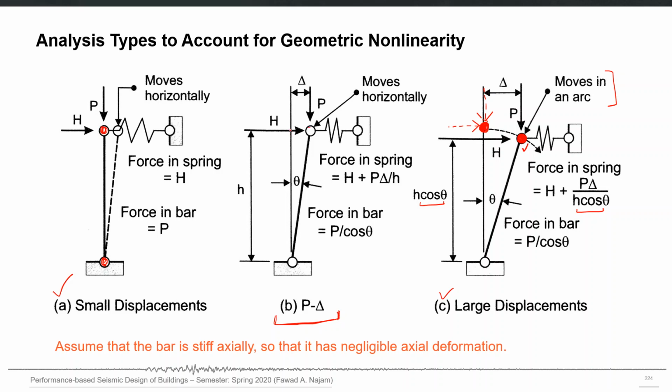This means we move this point, which was originally here, to the new position, but we will not assume a nonlinear compatibility relationship. We assume that this point translates into this new position. It didn't rotate like an arc.